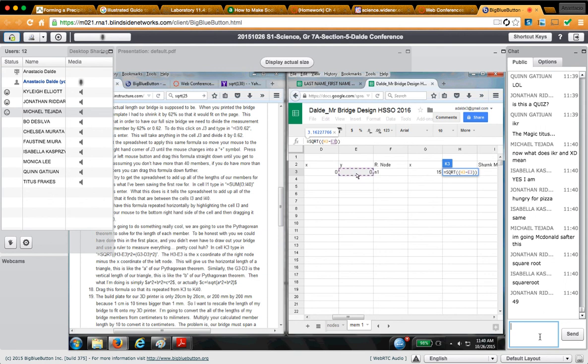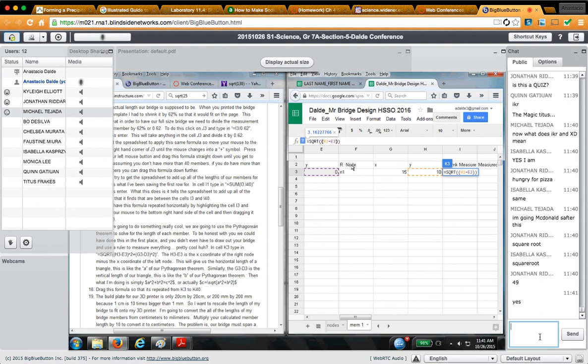So this would be the y value of the second coordinate minus the y value of the first coordinate. See? The y value of the right node minus the y value of the left node. Are we cool with that? And then I want you to take that number and square it. So I'm going to put a caret with a 2. Got it? Nothing magical about that.